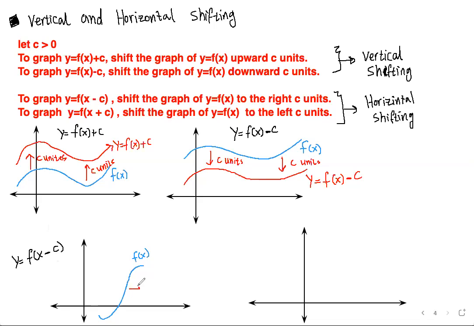So we shift it to the right C units, because we have negative C, we shift it to the right C units. So the original graph, after we shift the blue one, will look something like that. So this is f of x minus c.